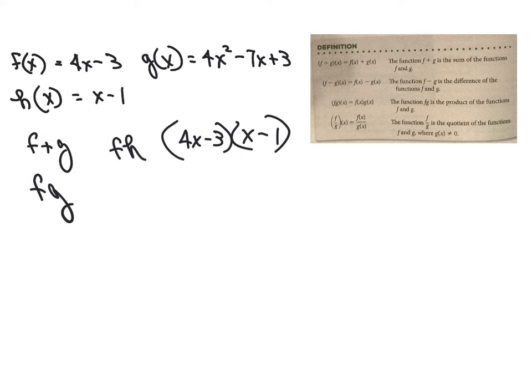When they say fh, that means we're going to take 4x minus 3, because that's our f, and we're going to multiply that by the h right there. So we're going to use FOIL and find that. If they asked us what fg is, then you're going to take whatever your f is and multiply it by whatever your g is.